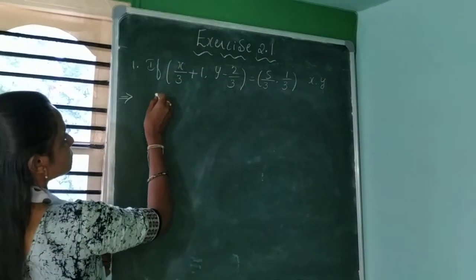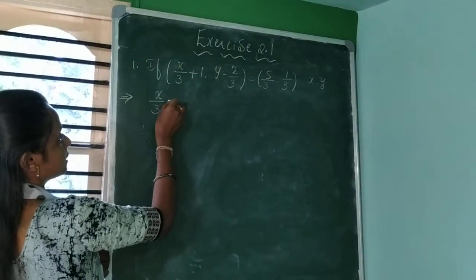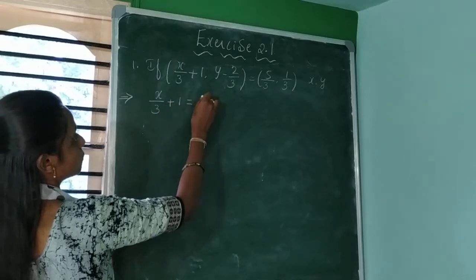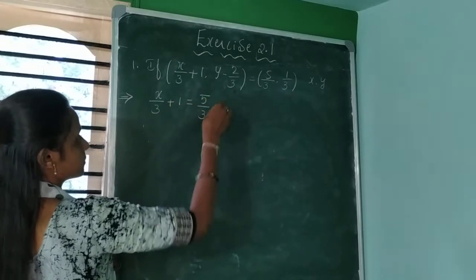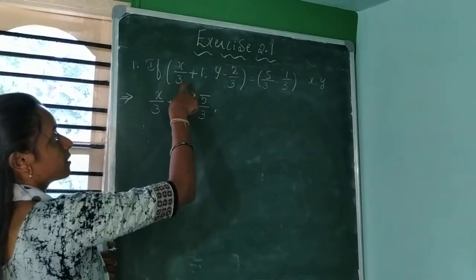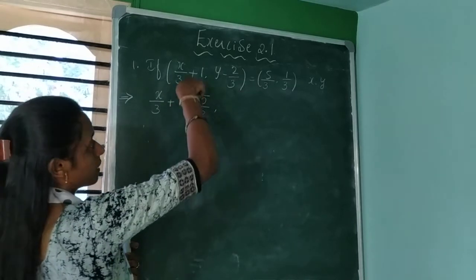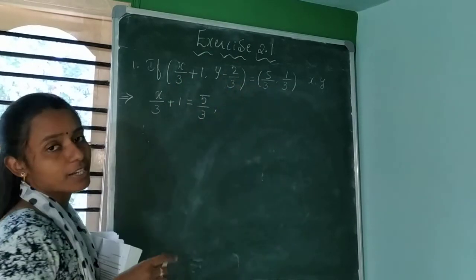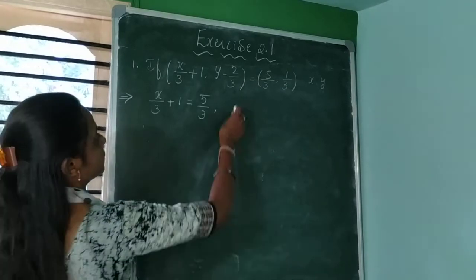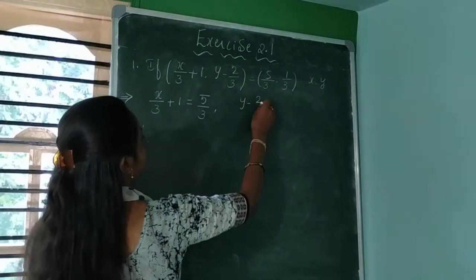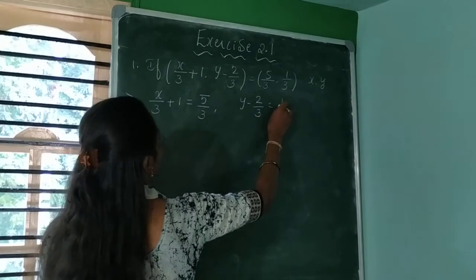Here x/3 + 1 is equal to 5/3. The first element of this ordered pair is equal to the first element of the next ordered pair. And here y - 2/3 is equal to 1/3.